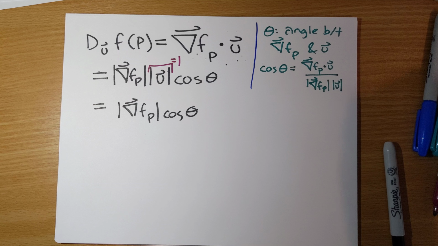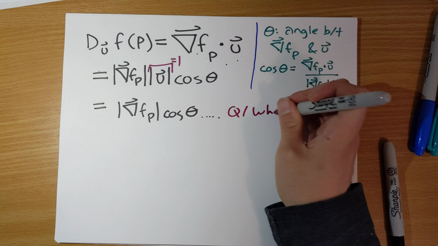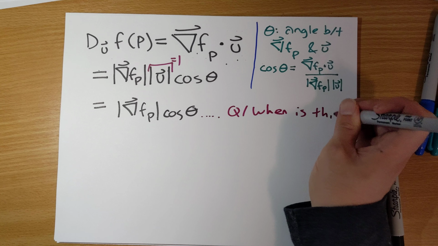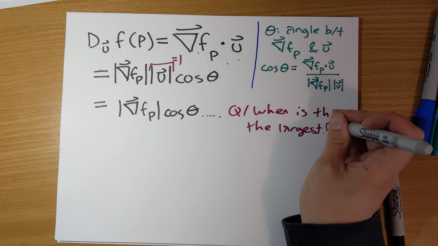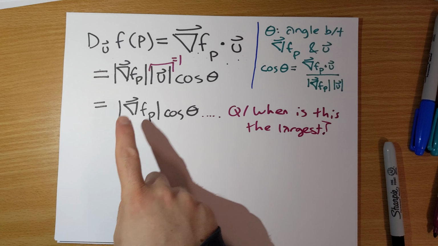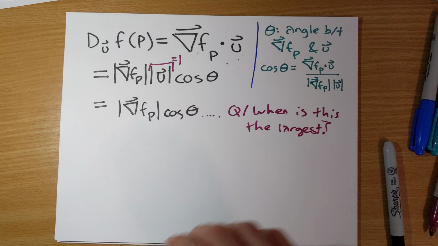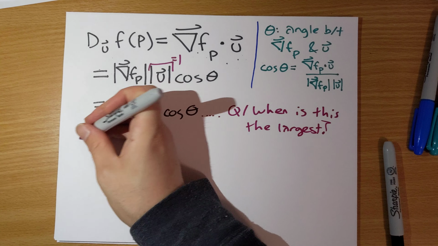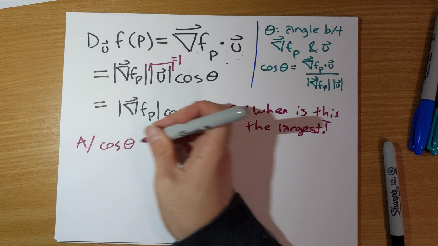So question for you to think about: when is this the largest? Assuming that we aren't changing the gradient here, what can we change, namely that cosine theta, to make this large? And the answer is, of course, we want this to be large.